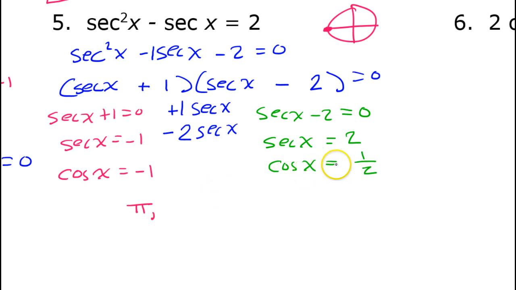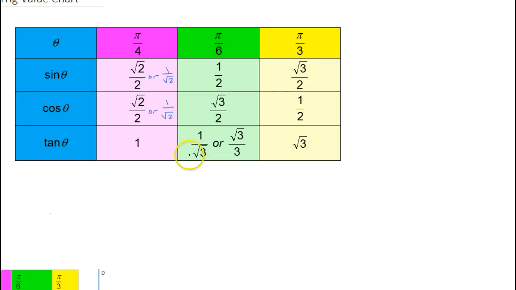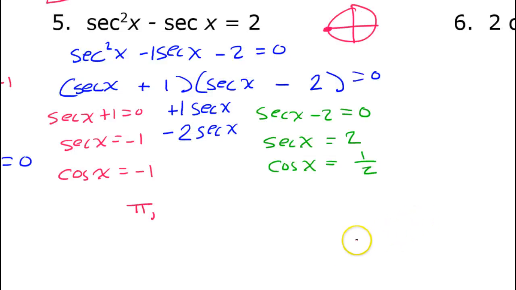Now, where is cosine equal to 1/2? So first of all, the reference angle, the cosine of pi over 3 is 1/2. So that tells me that the reference angle is pi over 3. So in my mind, here's what I'm picturing. Because the reference angle is pi over 3, okay, I'm not going to draw them all.